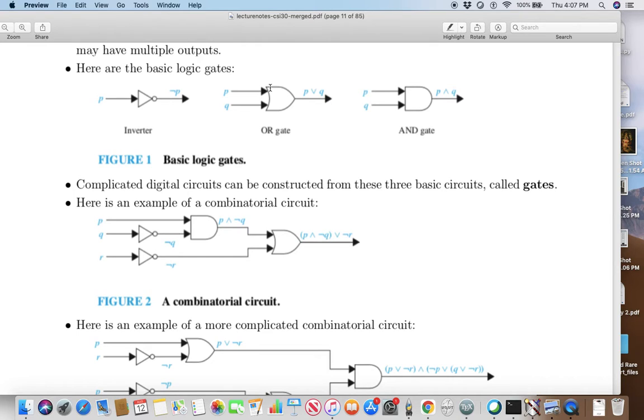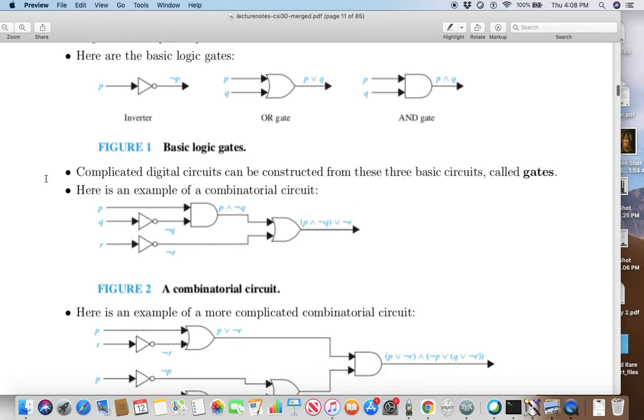P and Q, this is OR, P or Q. P, Q, and this is the AND symbol, P and Q. So these are the gates. The negation gate is called an inverter. The disjunction gate is called an OR gate. The conjunction gate is called an AND gate, and these are the symbols.